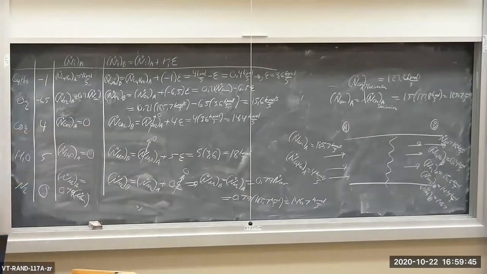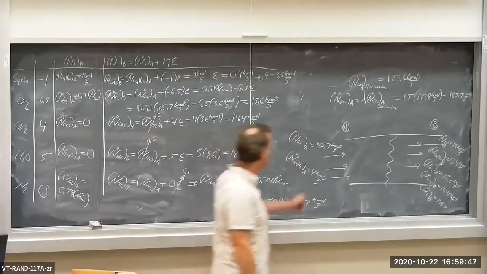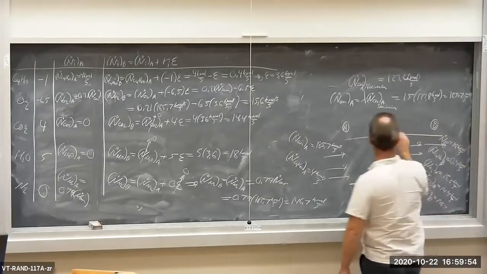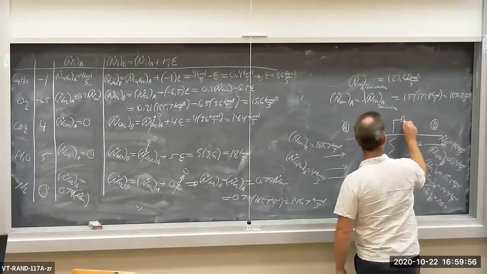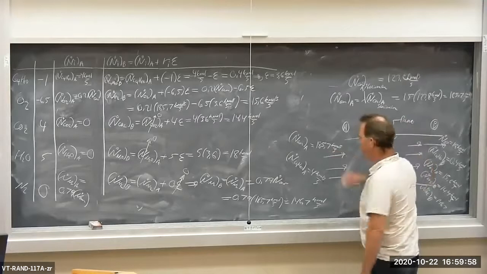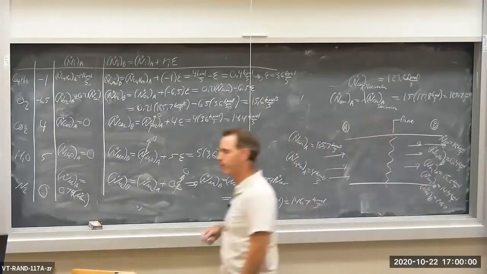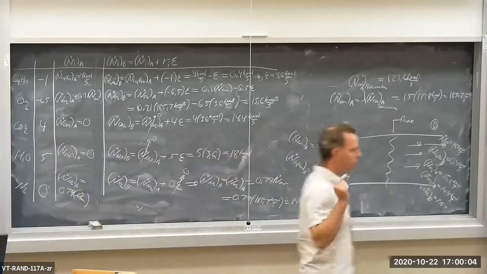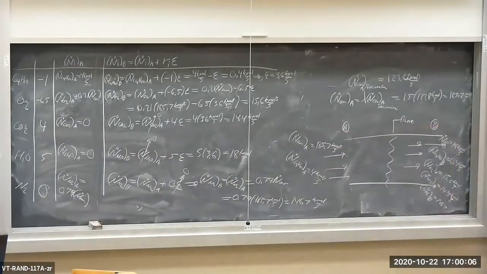All right, so let's look at this again. 4 kilomoles per second of fuel flowing into our combustor. Here's the flame. 185.7 kilomoles of air, which is a mixture of nitrogen and oxygen, 21% oxygen, 79% nitrogen.